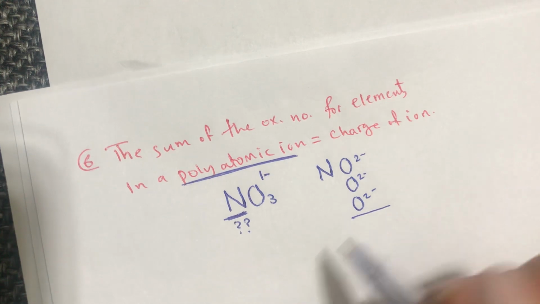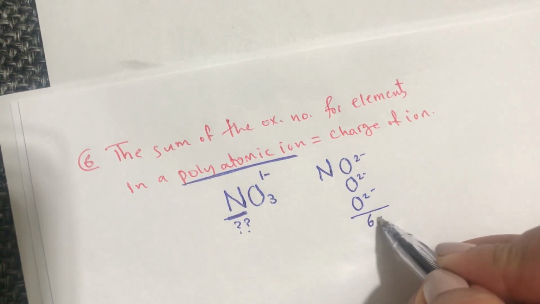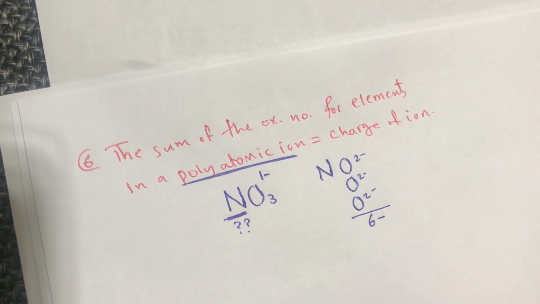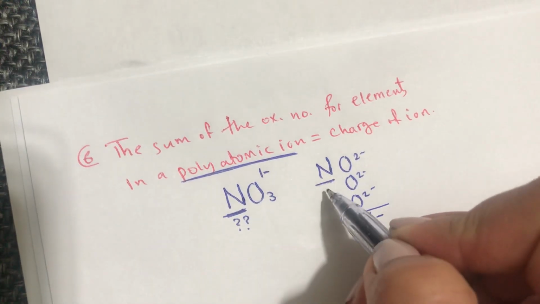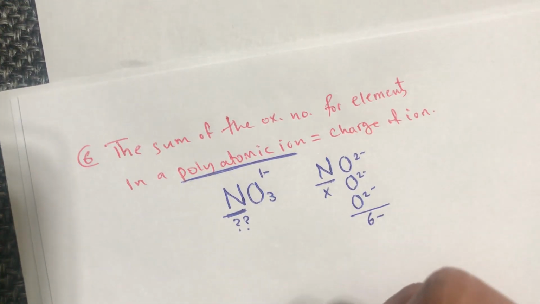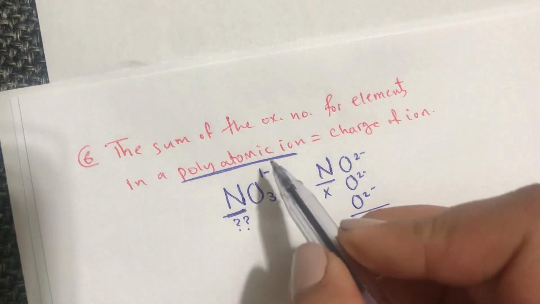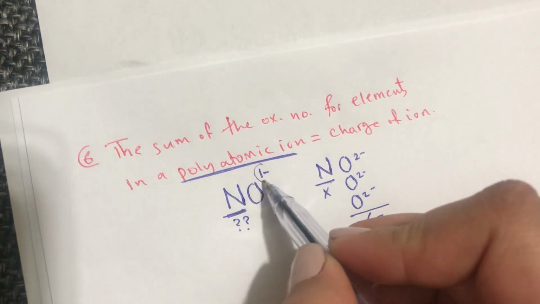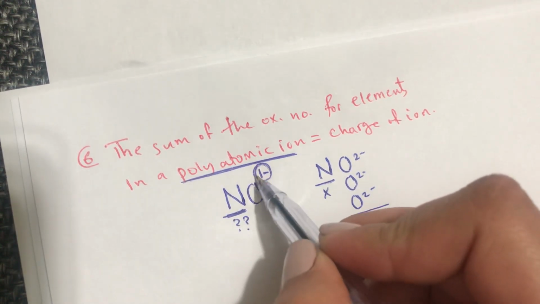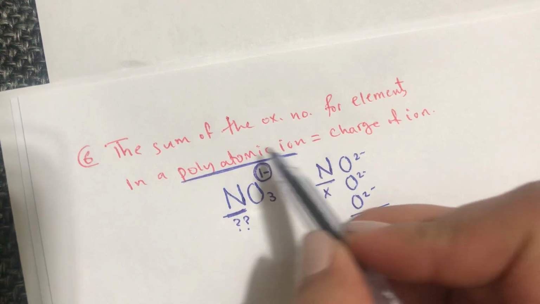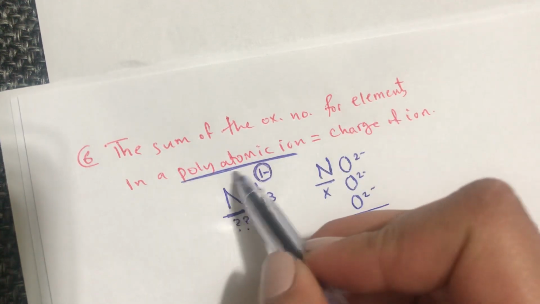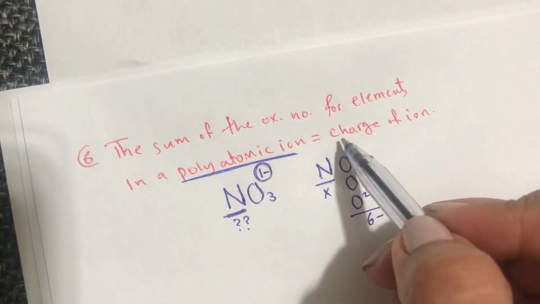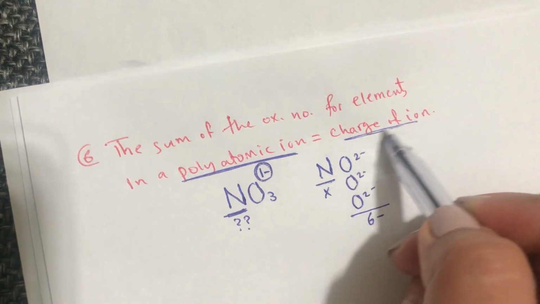So the total is -6. So what is the oxidation number of nitrogen? It's a polyatomic ion. It carries a charge. So the rule is the summation of the oxidation numbers of the elements equals the charge of the ion.